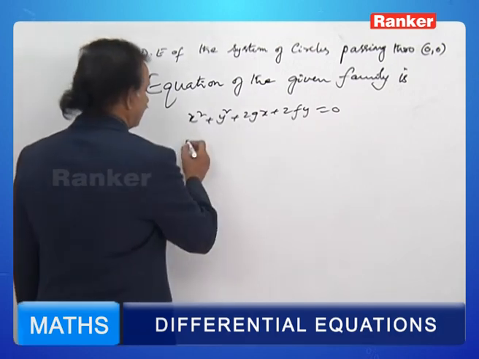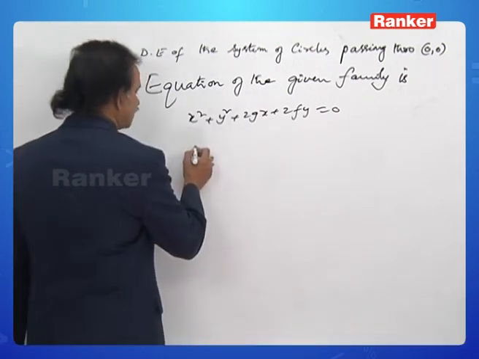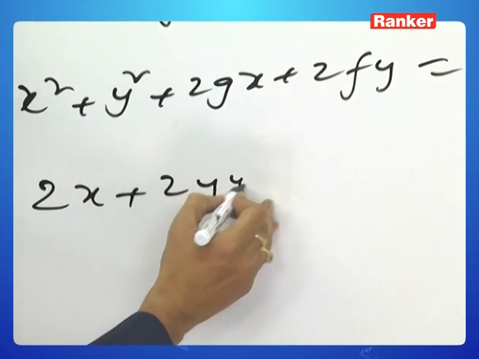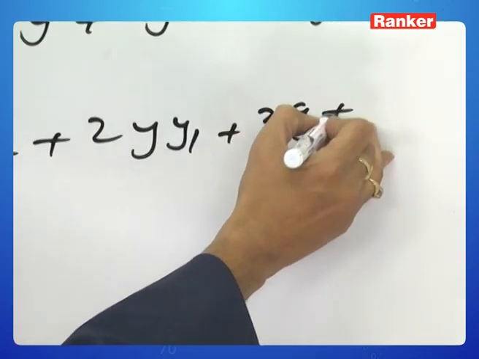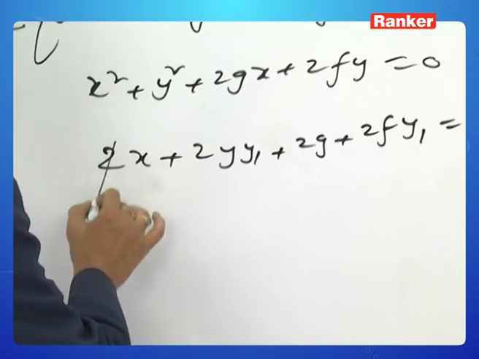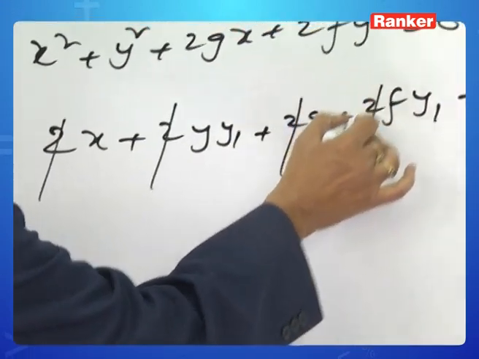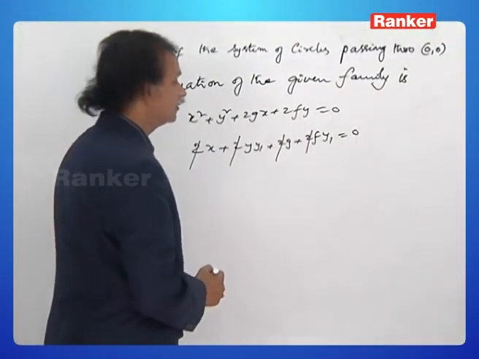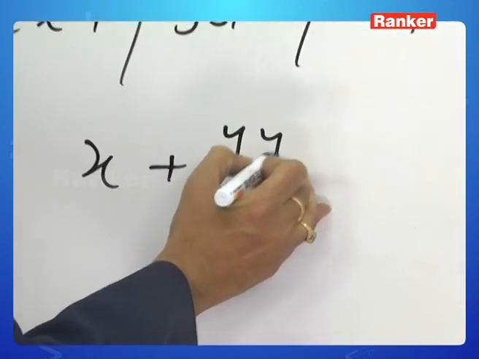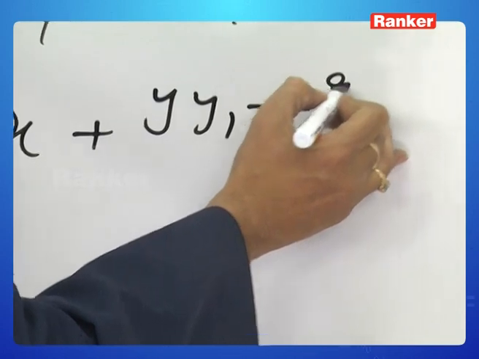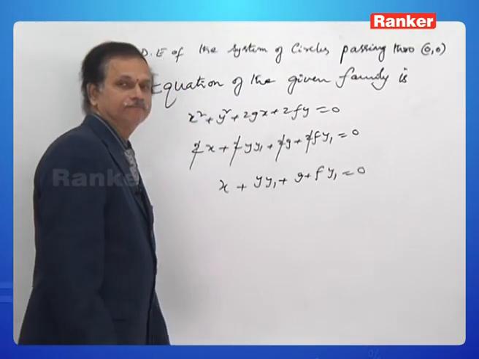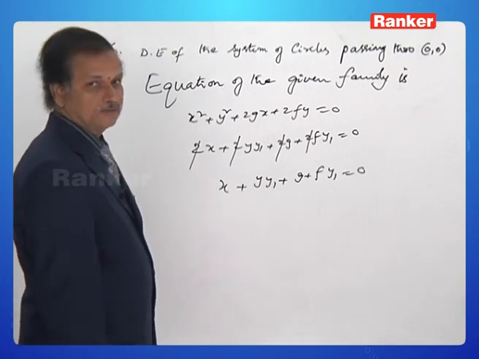Okay friend, you do it once. What happens? 2x + 2y y1 + 2g + 2f y1 = 0. Okay, x + y y1 + g + f y1 = 0.